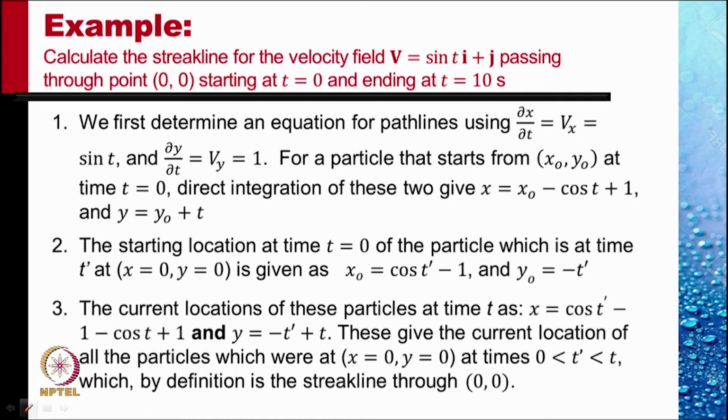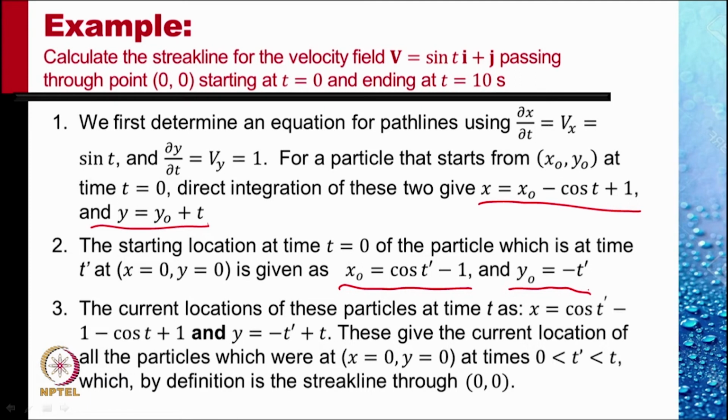So we plug in the equations in line 1. And from this we obtain x naught equal to cosine t prime and y naught equal to minus t prime. These are the locations at time t equal to 0 for the particles which are at x equal to 0 and y equal to 0 at time t prime.